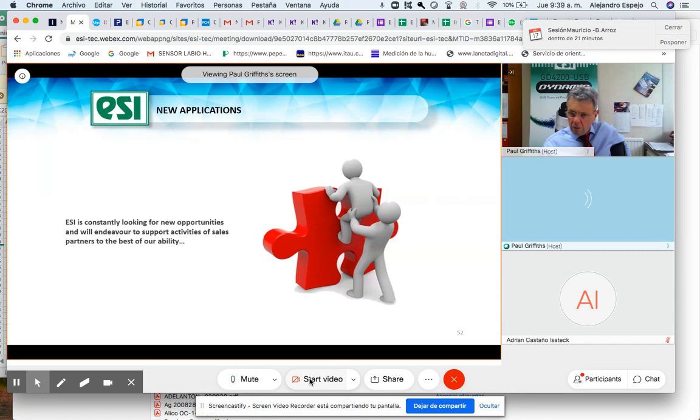So for this reason, we need to know if we have a limit on what to show, or if it is better to make this information just for partner logins, and the other is different. For us, it's very important to know what the limit is for communicating all the information.